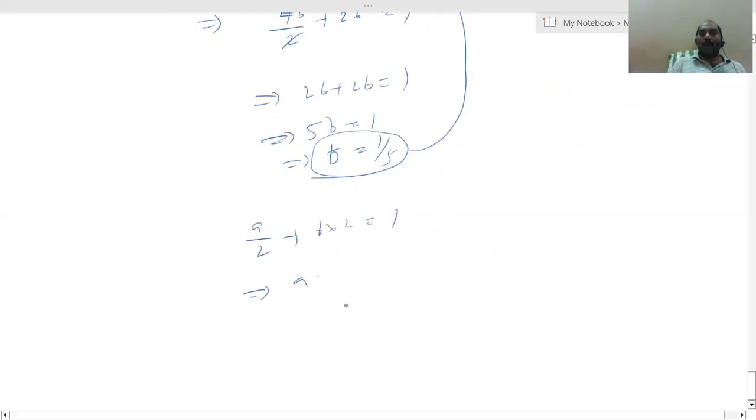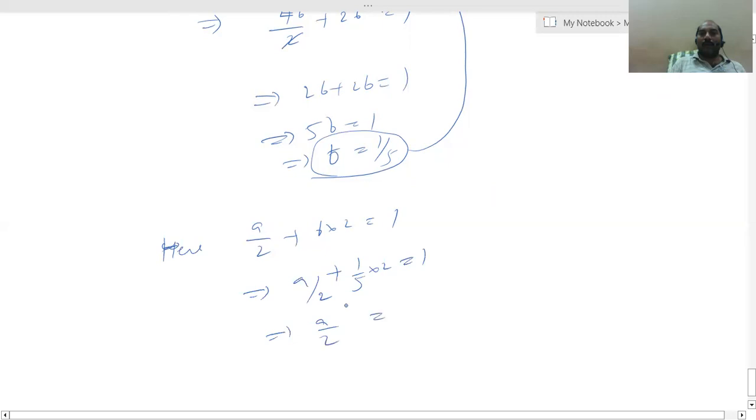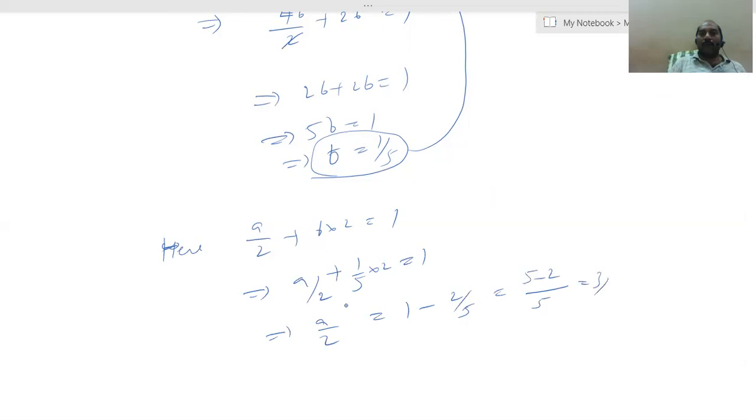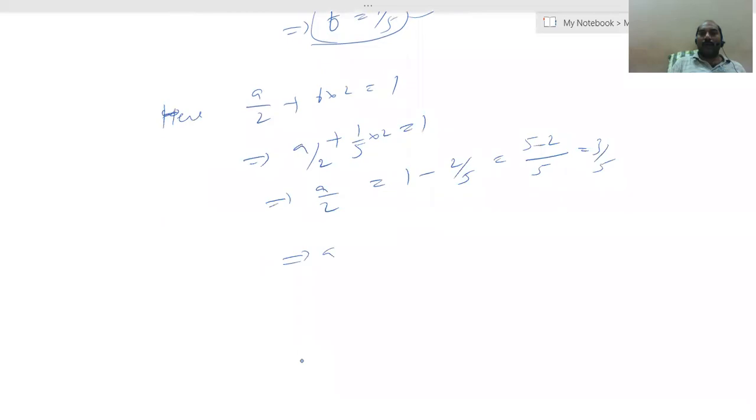Substituting the b value, 1 by 5 into 2, equal to 1. That implies a by 2 equal to 1 minus 2 by 5. Take LCM 5: 5 minus 2, we get 3 by 5. Cross multiplying, we get a equal to 6 by 5.